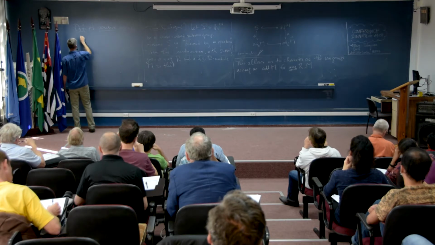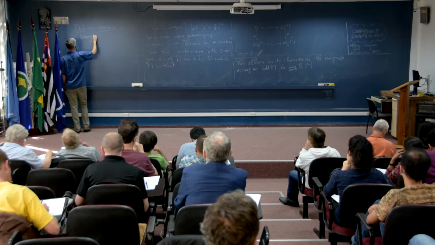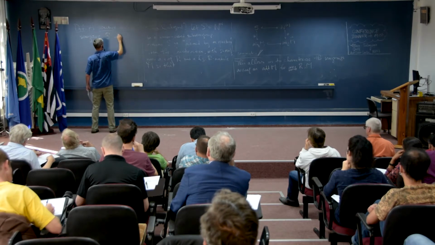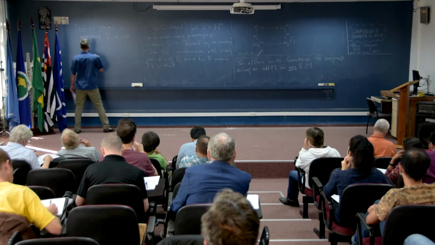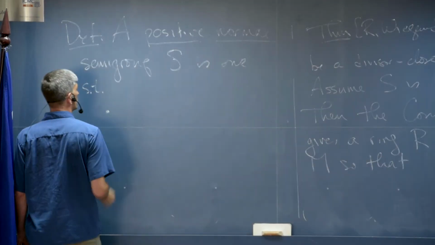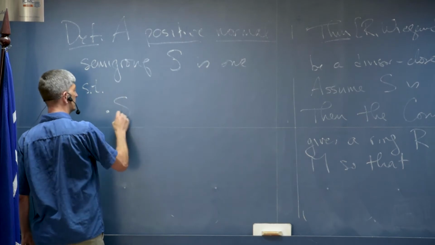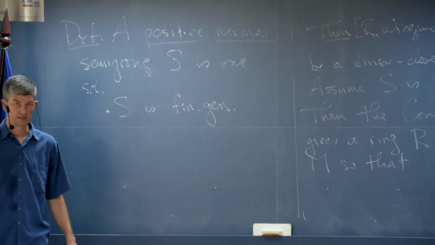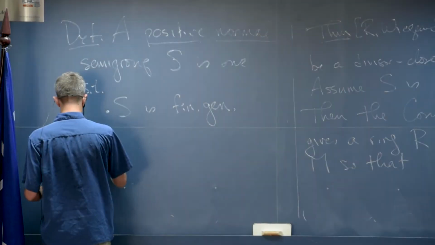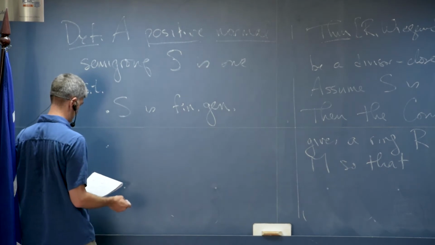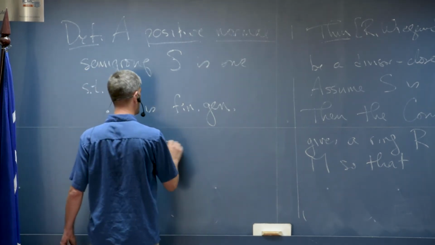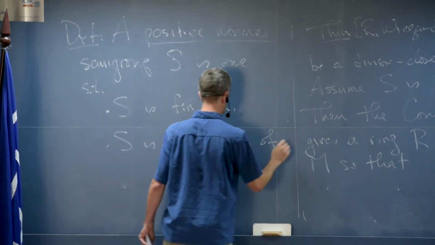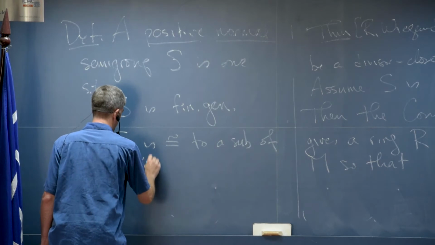A positive normal semigroup is one such that, first of all, it should be a finitely generated semigroup. Secondly, it should be isomorphic to a sub-semigroup of a free one.